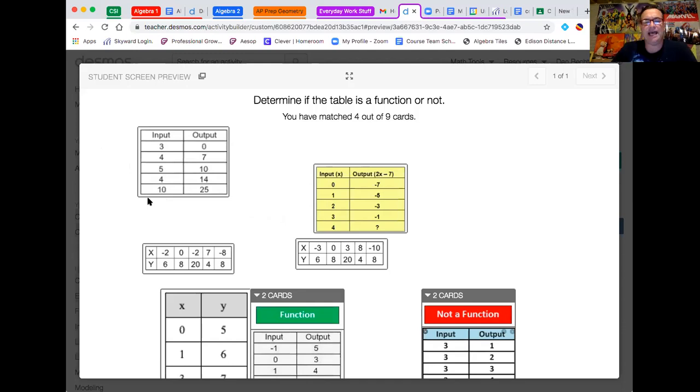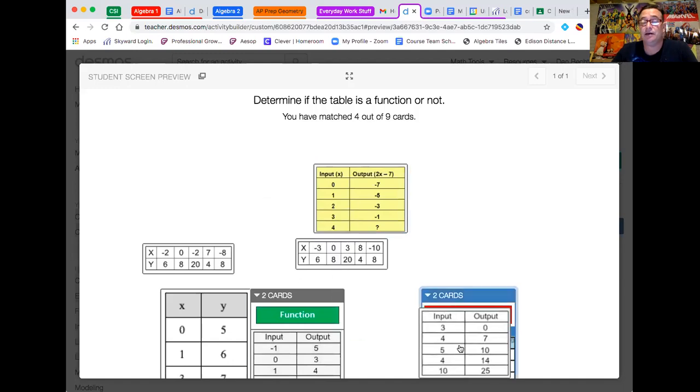If I look at this, does any input value repeat? The 4 does repeat. Now we have to see, are they tricking us? 4 goes with 7 here. 4 goes with 14. If 4 goes with 2 different things, remember, for a function, each input can only have one output. So 4 went to 2 different things. This is not a function.